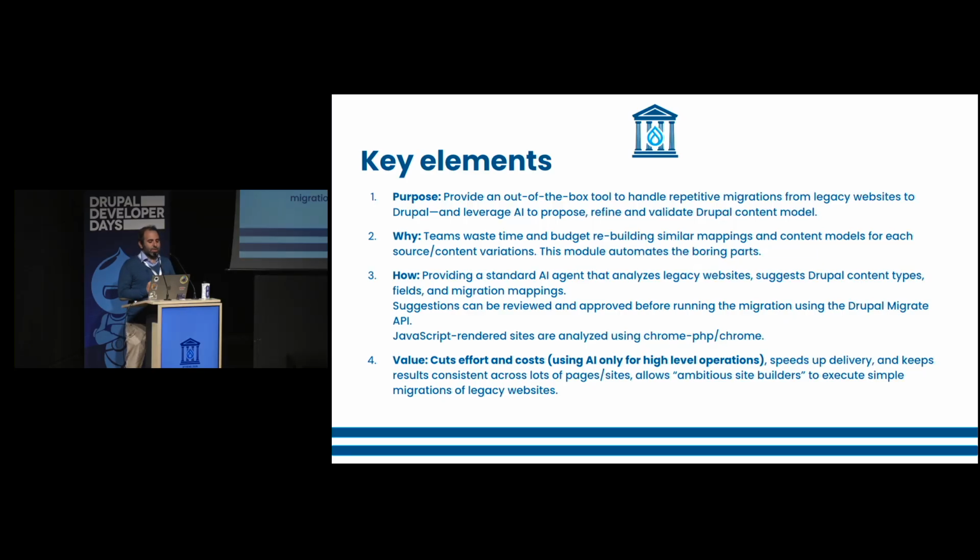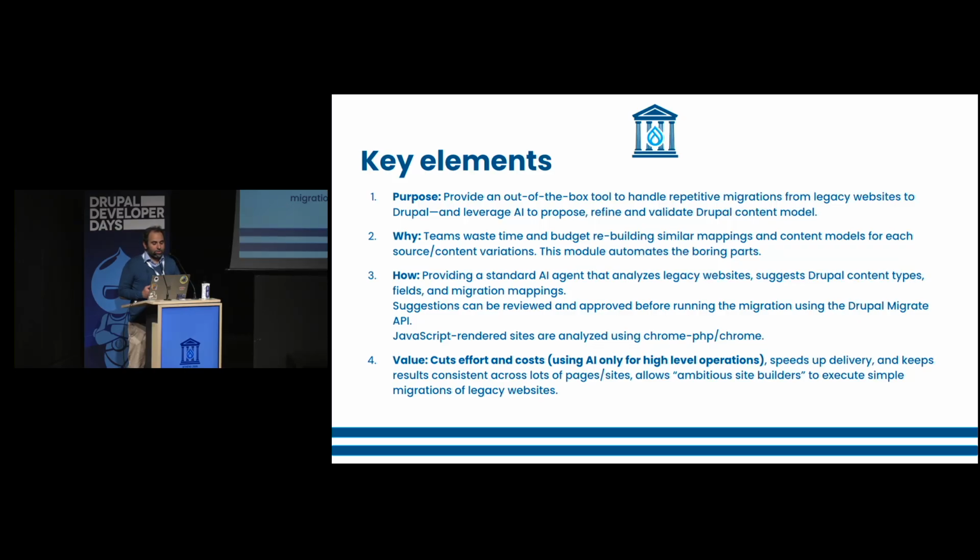The key elements of this module: the purpose is to provide an out-of-the-box tool to handle repetitive migrations from a legacy website to Drupal. It provides a standard AI agent that analyzes the legacy website, and it uses Chrome PHP to analyze JavaScript-rendered pages and the like.